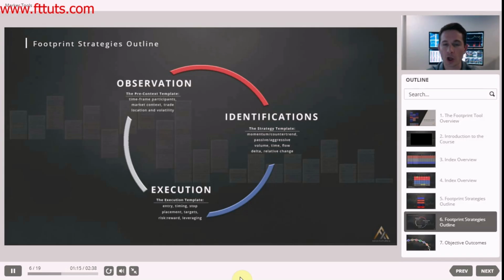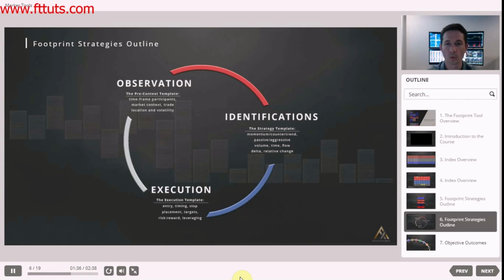Once we've learned to observe the trade strategy, we're then going to learn to identify when that trade strategy is in play. Certain characteristics we're going to look at will include volume, time, flow, delta, and relative change. These characteristics are going to allow us to identify when the trade strategy is in play.